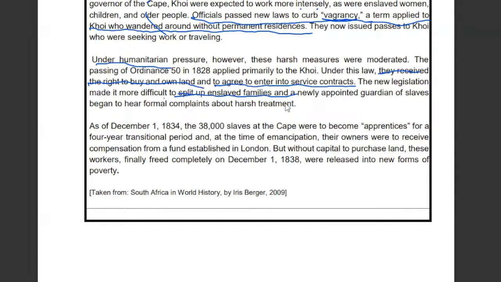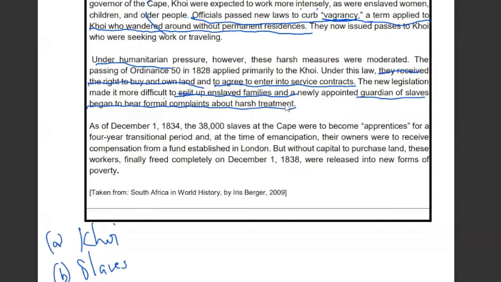And also, a newly appointed guardian of slaves began to hear formal complaints about harsh treatment. So if you analyze your responses, you are supposed to give 1 on the Khoi and 2 on the slaves. So 1 on the Khoi and 2 on the slaves.